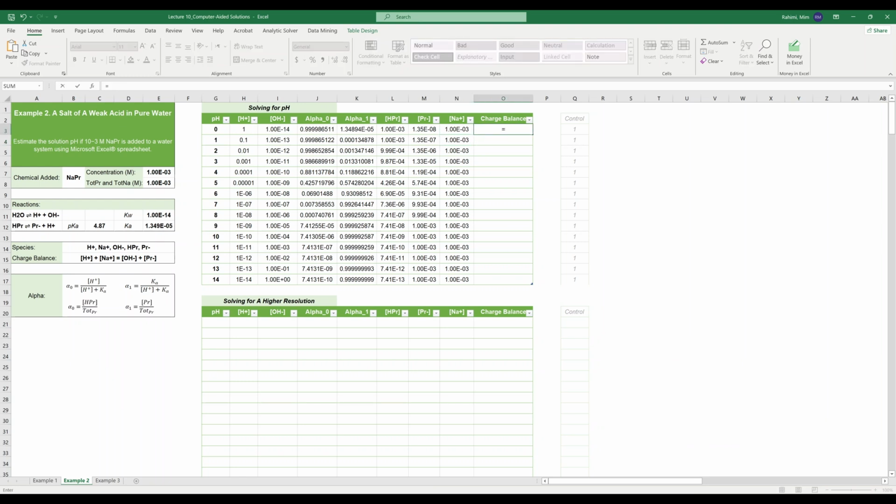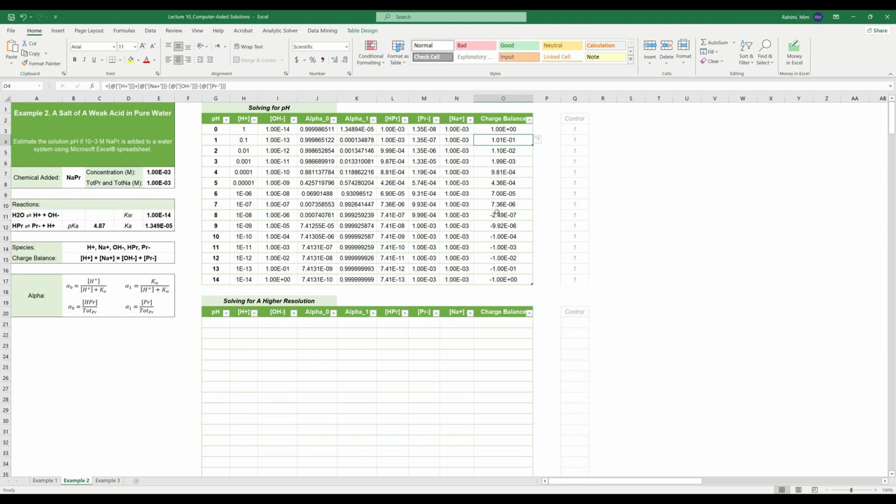So developing the term for charge balance: H plus plus sodium is the left hand side, minus the negative charge, which would be OH minus plus Pr minus. Then, with the same logic, we're looking for the change in sign.